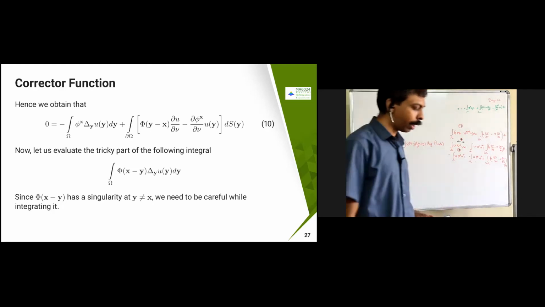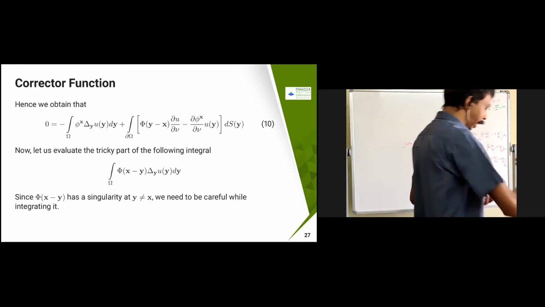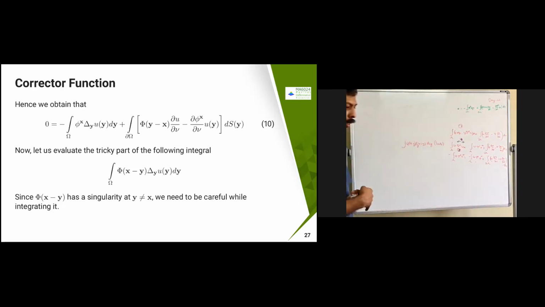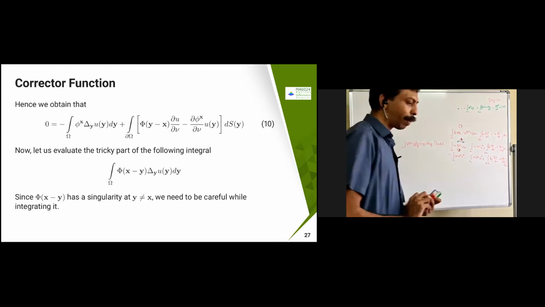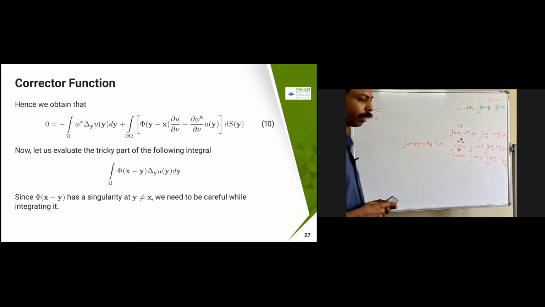Again, we are going to use the integration by parts, but it is a little tricky. Why is it tricky? Because if I have chosen x belongs to omega, y belongs to omega, then pi of x minus y, we have seen, has a singularity. If you remember the fundamental solution, pi of x is singular at x equal to 0.